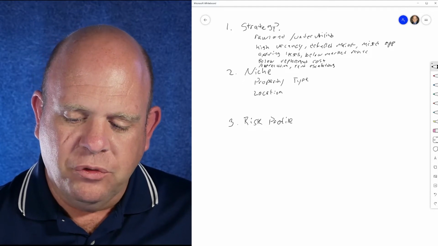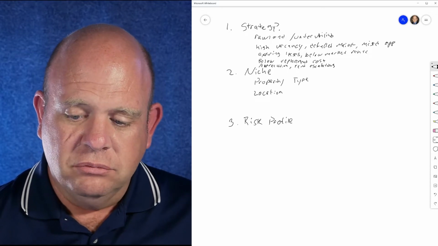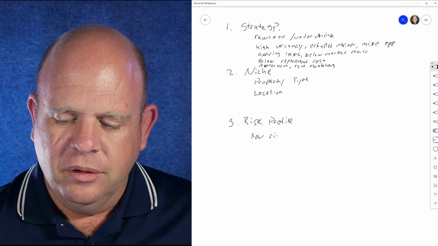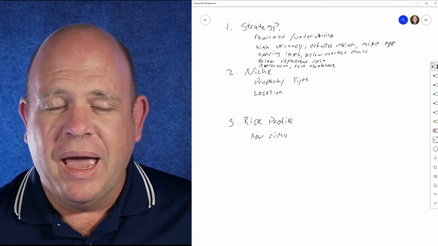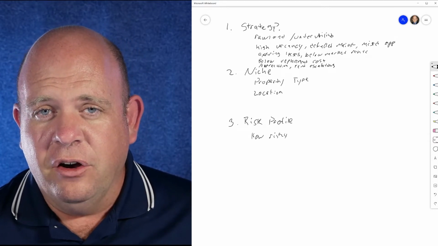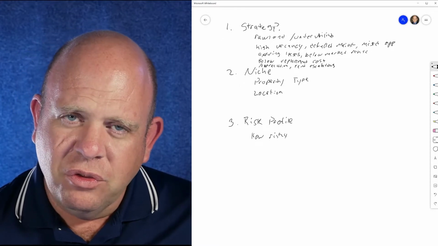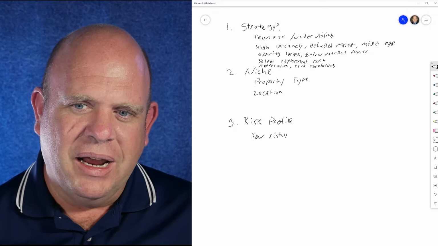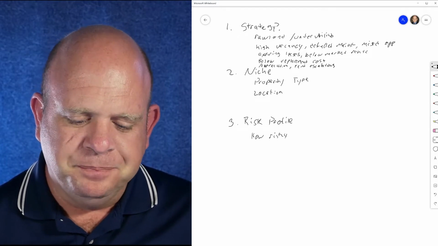And then we've got our risk profile. How risky is it? Some of that will come out of our financial analysis, but for the time being, just think about our risk profile as that gut sense you have about how risky it's going to be.